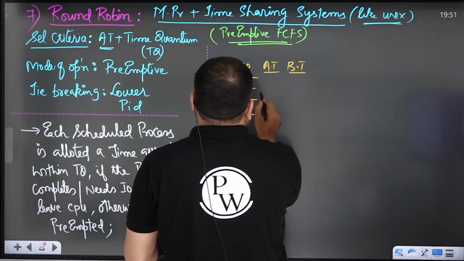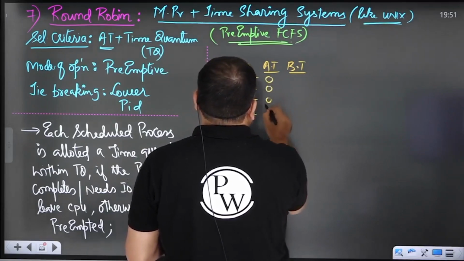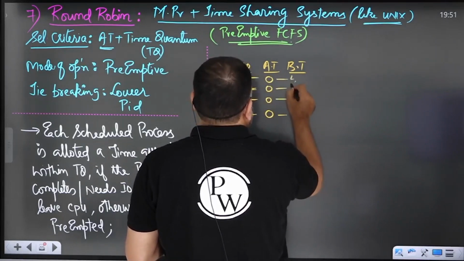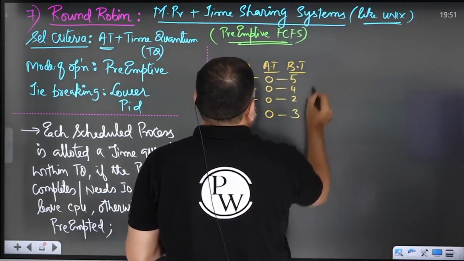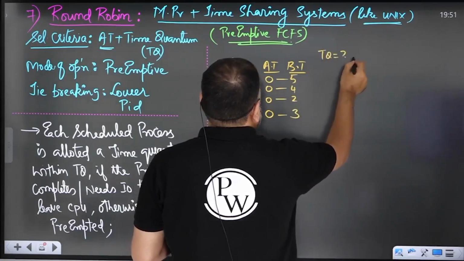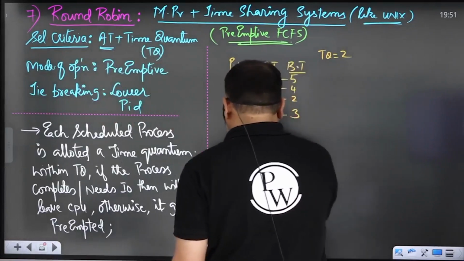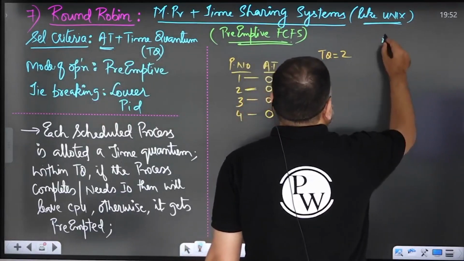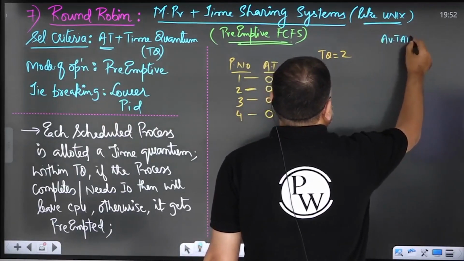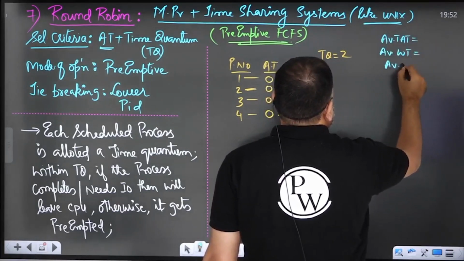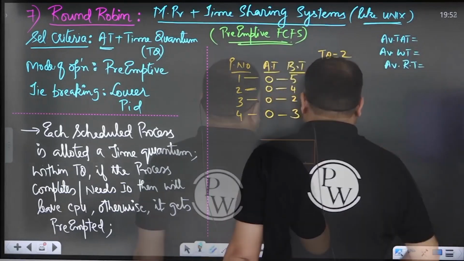Arrival times are 0, 0, 0, 0, and burst times are 5, 4, 2, 3. Time quantum is equal to 2 units. I want you to compute average turnaround time, average waiting time, and average response time. Come on, do it please.